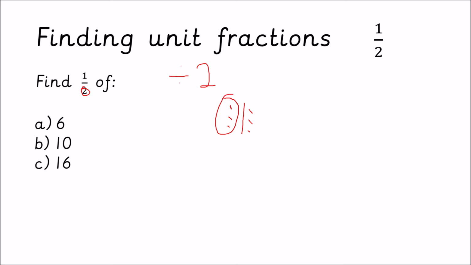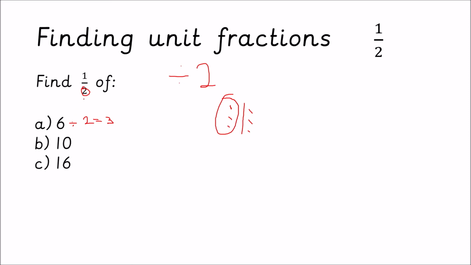There are other ways to do it. This is sharing rather than grouping, but we're going to use sharing exclusively for fractions because it does make a little bit more sense. So there are other ways to divide, but we're going to focus on this way for the purposes of this lesson. So 6 divided by 2 is 3, so a half of 6 is 3.